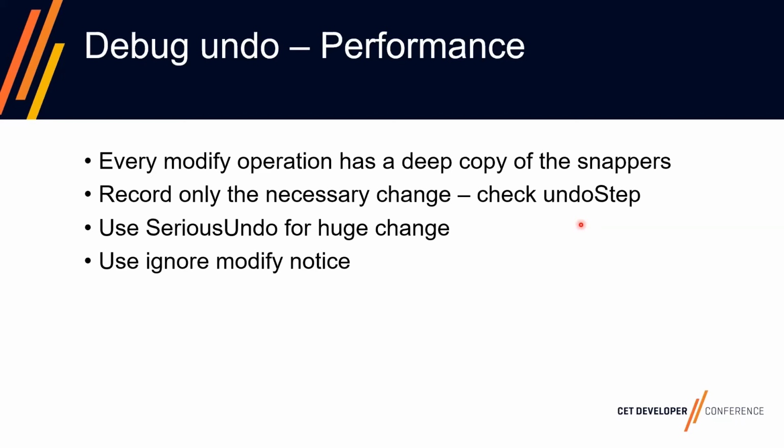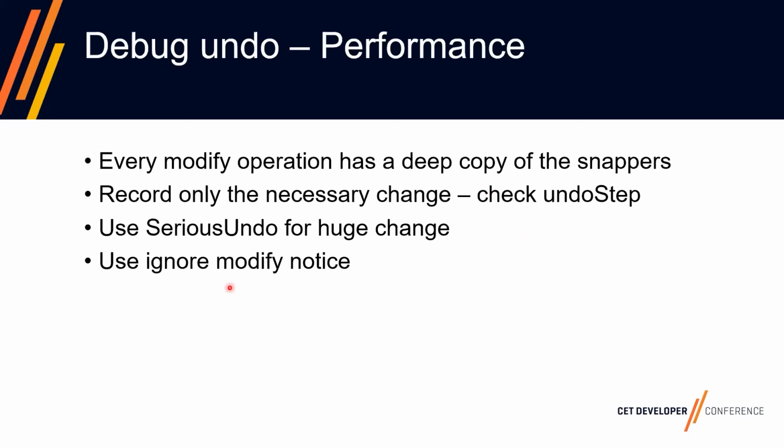Have you only recorded the necessary change? If you're going to move a snapper, you should only record the snapper before and after, not anything other than that. Make sure you only record the necessary change and not something that is not important. That will give you fewer deep copies in the undo modify operations.